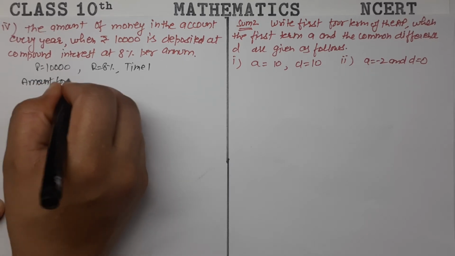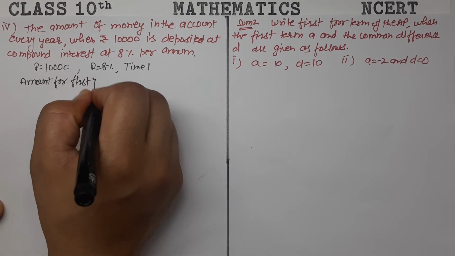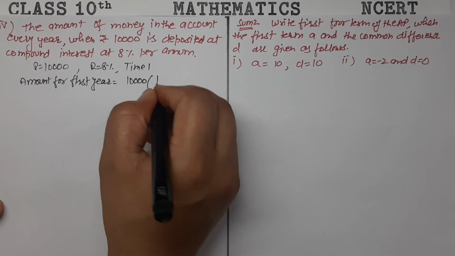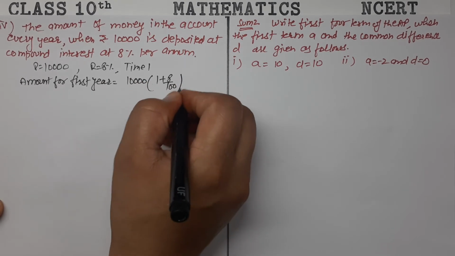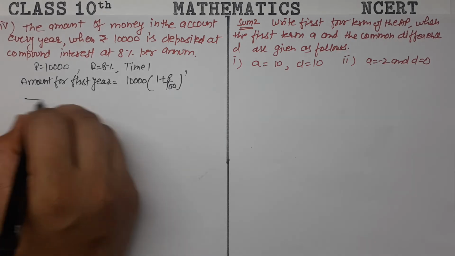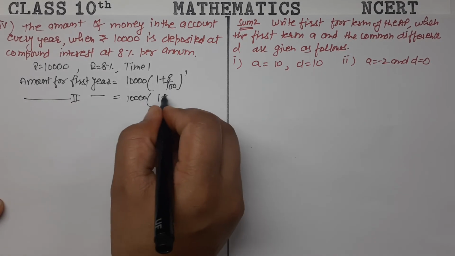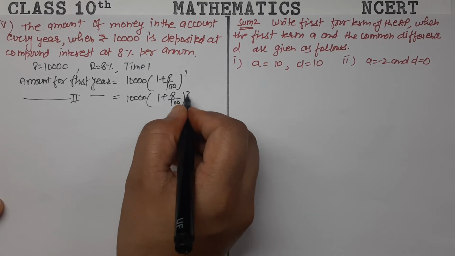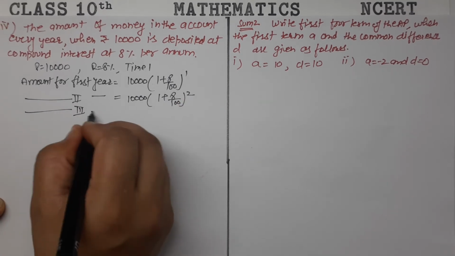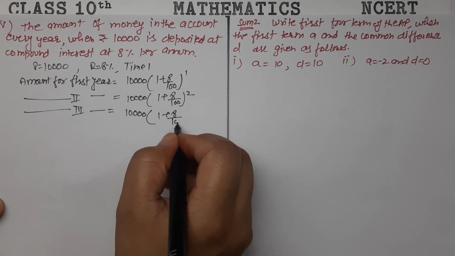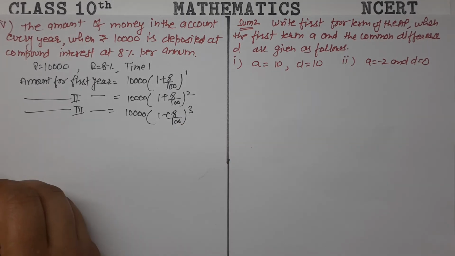Amount for first year, that is principal into 1 plus rate by 100 power time. Amount for second year, amount for third year, terms are.